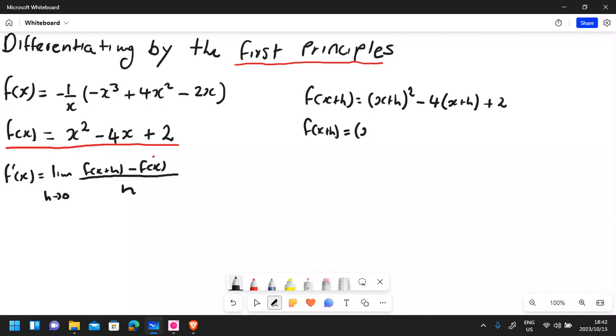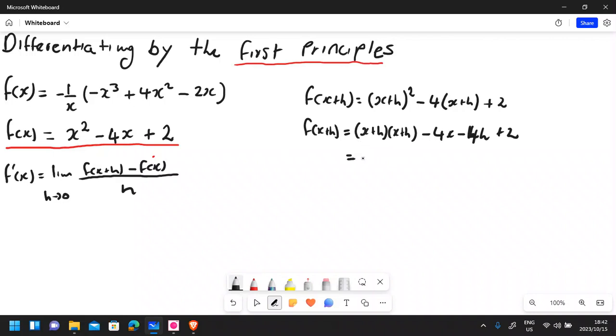So remember, you have to expand this x plus h, and then x plus h, then minus 4x minus 4h. Yes, this is going to be 4h, and this is going to be plus 2. So we need to simplify or factorize this one.